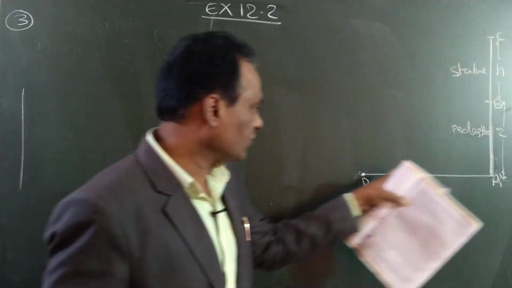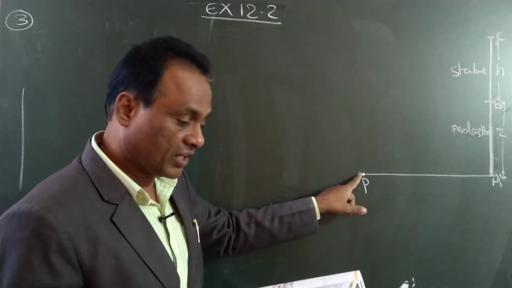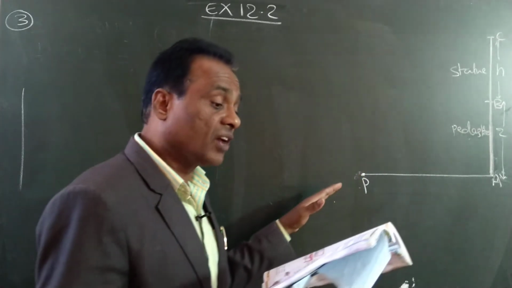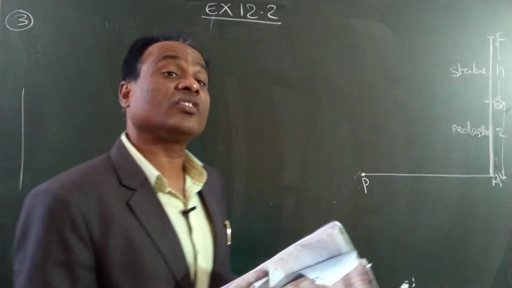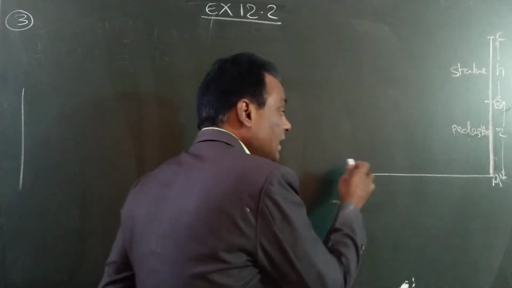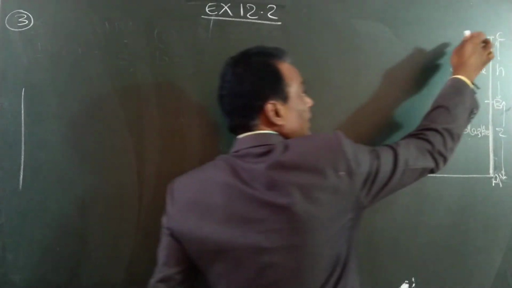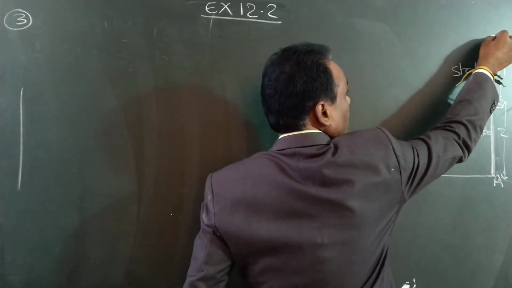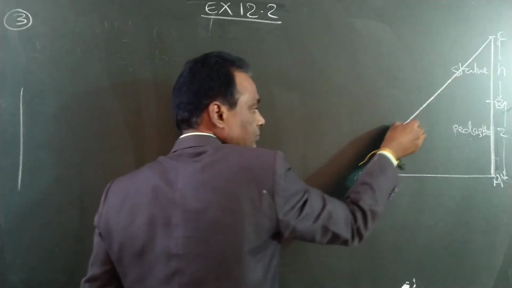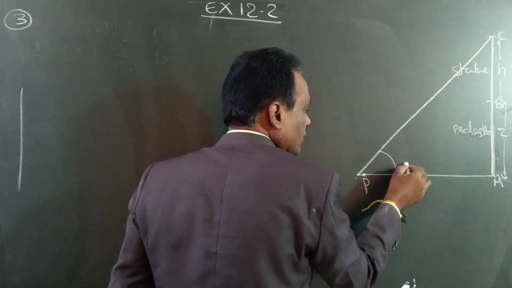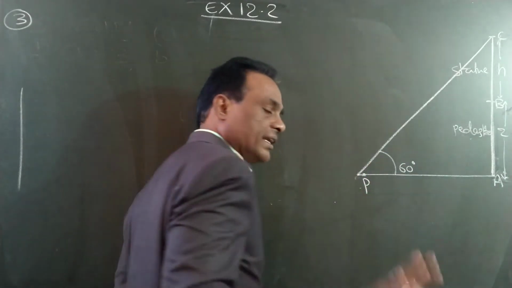At some distance from this point, the angle of elevation of the top of the statue is 60 degrees. So from here, what are we seeing? We are seeing the top of the statue. So this point we observe. What is the angle? 60 degrees.